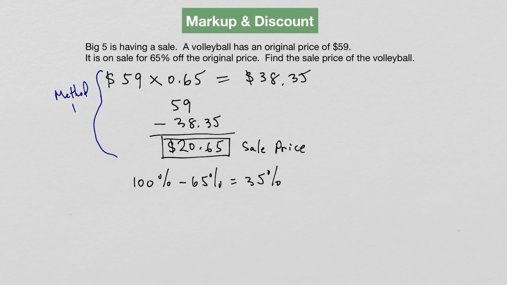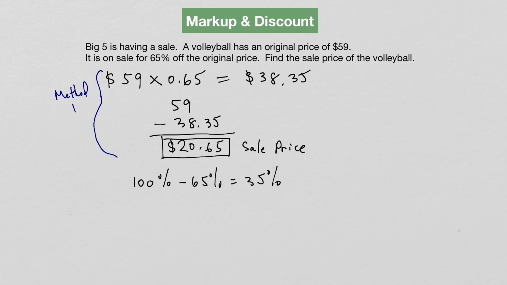Okay, think about this. The decrease in price is going to be 65%. So what's left over, which is what the customer has to pay, will be 35%. This is why you subtract 65% from 100 and you get 35%.